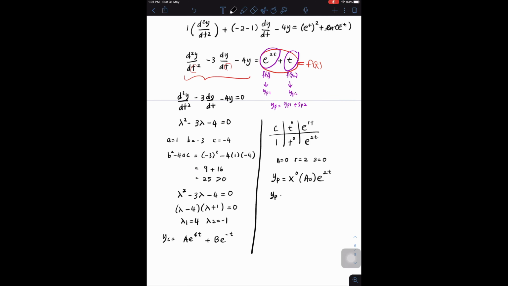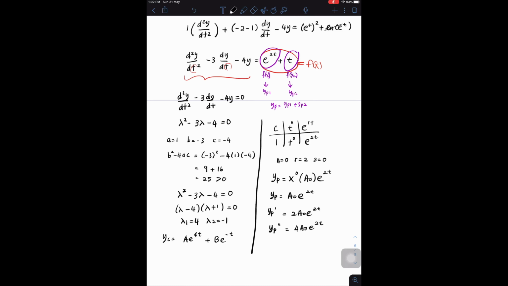So your yp here will be a naught e to the t. Then you will have your yp prime and your yp double prime, each a naught e to the t times its factor.